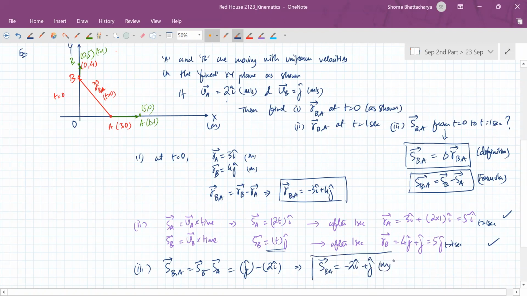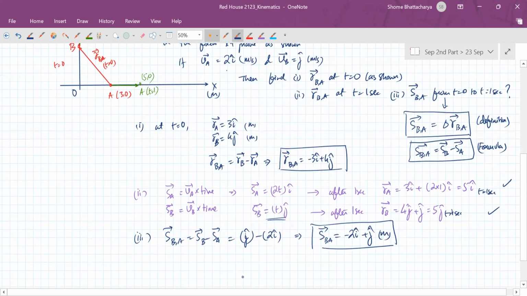Or we can also understand it this way, that it is the final position, that is at t equal to 1 second, minus the initial position.